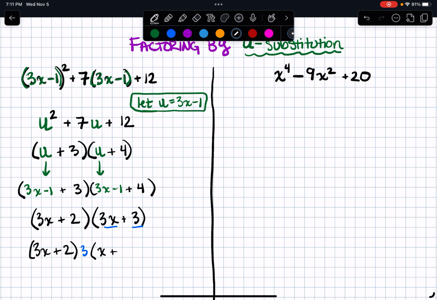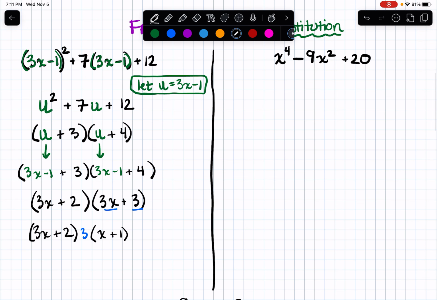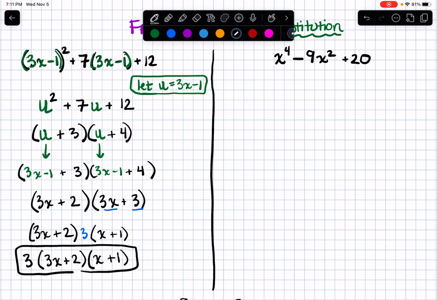That leaves me with just x plus 1. And to make things more standard, I'm going to put that coefficient 3 in front. And this would be my completely factored form of the problem I began with.